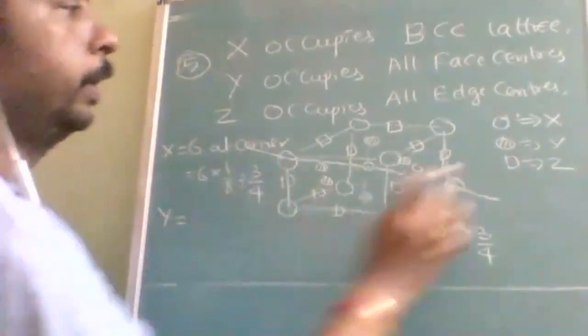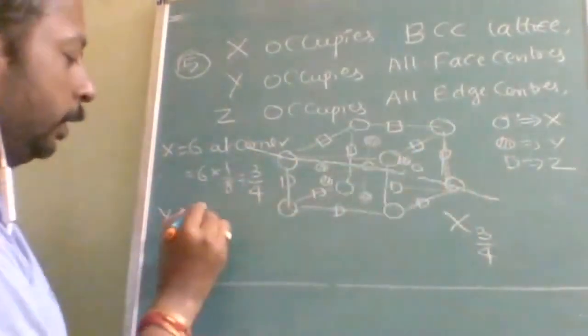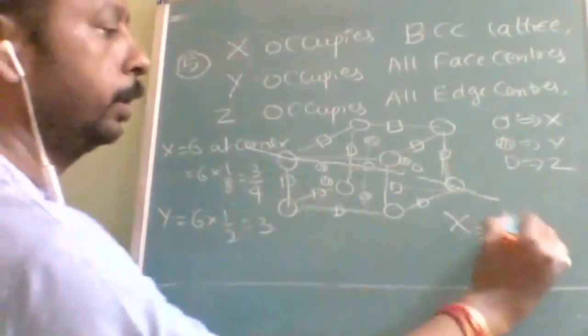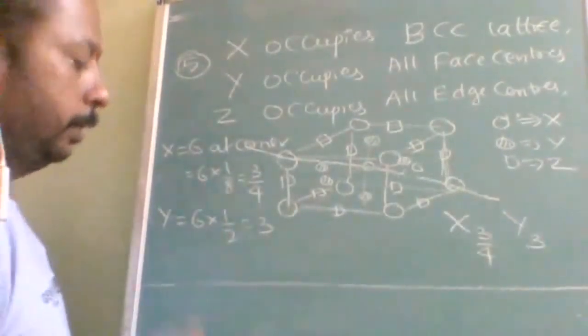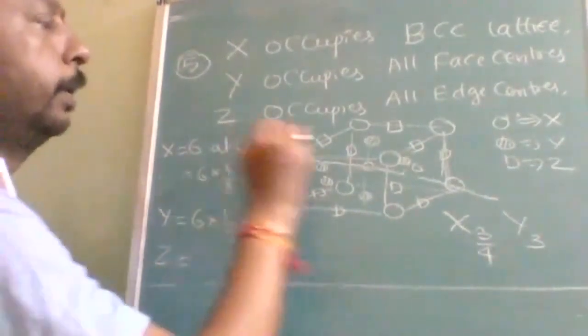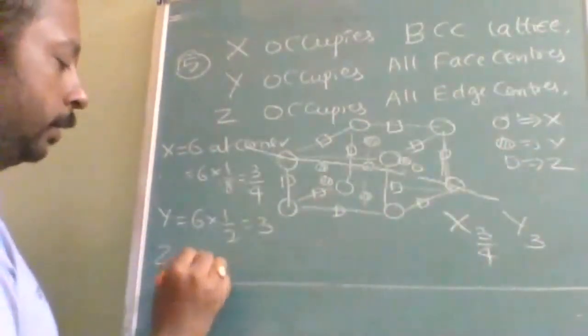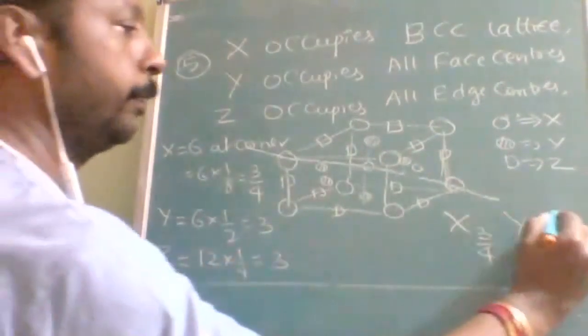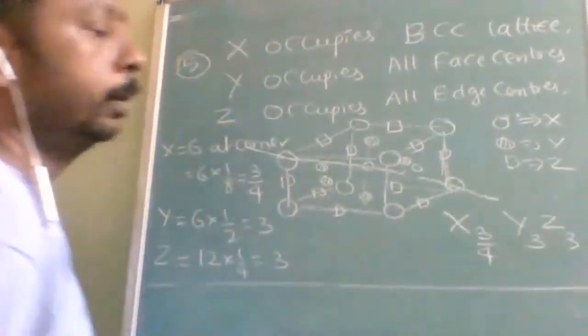Then number of Y, at face centers: 6 into 1 by 2, that is equal to 3. So Y is equal to 3. And Z occupies all edge centers, so 12 into 1 by 4, it is also 3. So Z is also 3.